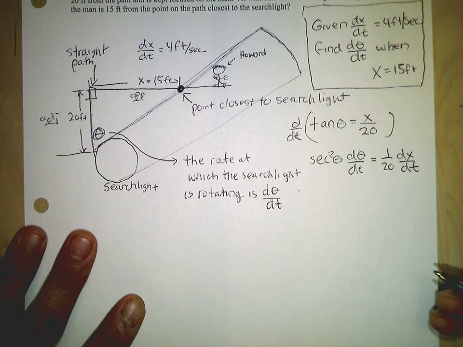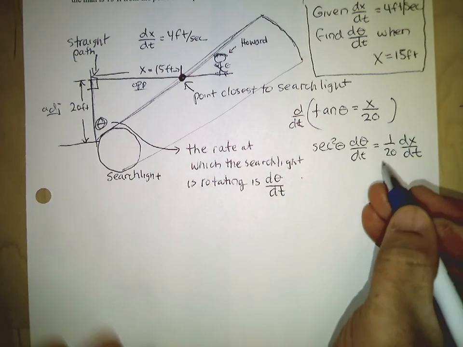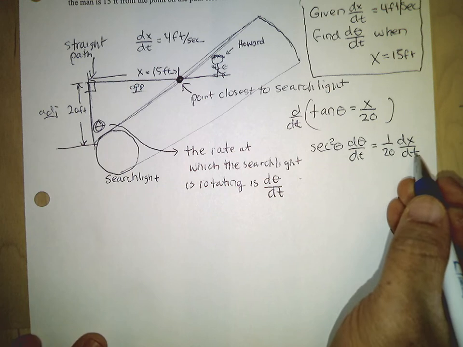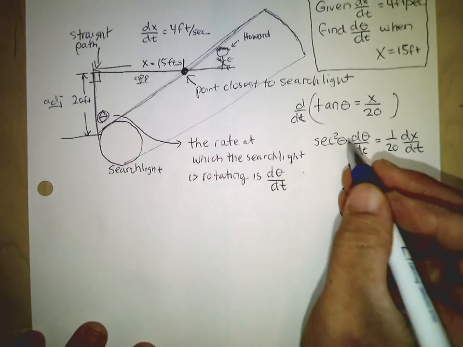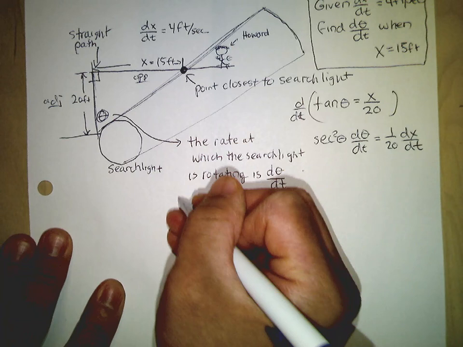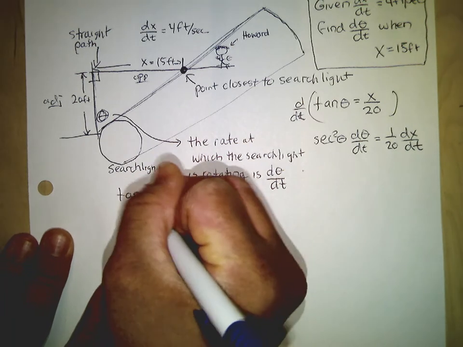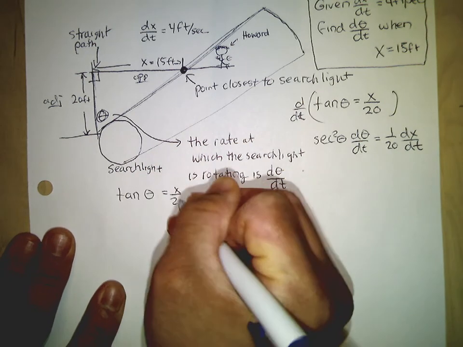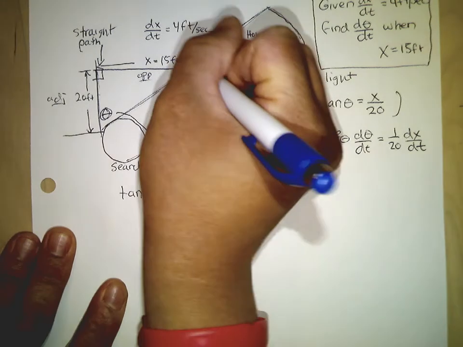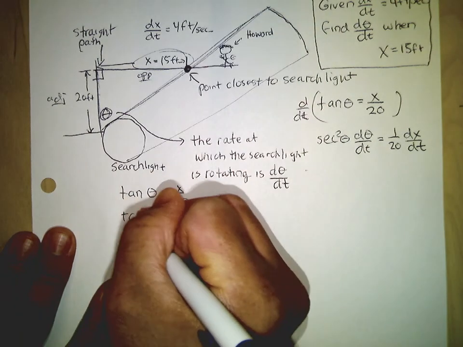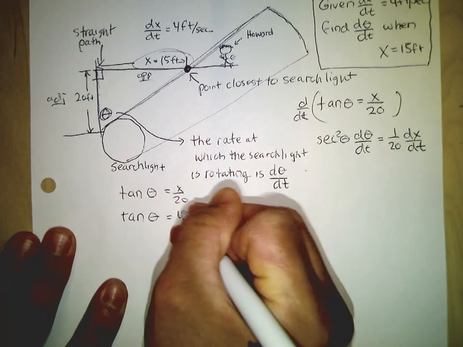So now think about this. I know dx dt, but I don't know theta. But I can find theta, because the tangent of theta was x over 20, and x was 15 feet here, so tangent of theta is 15 over 20.